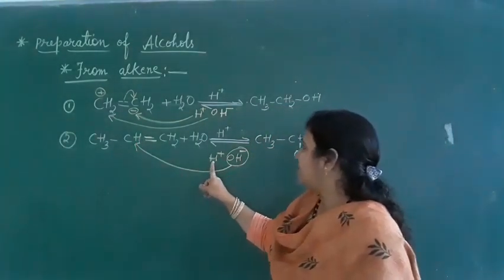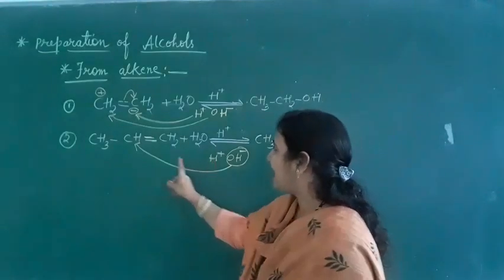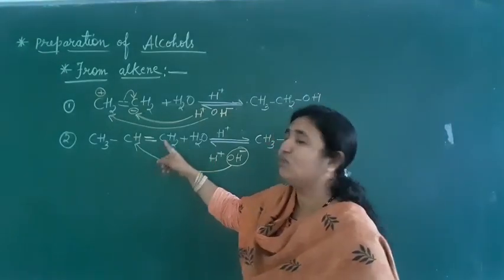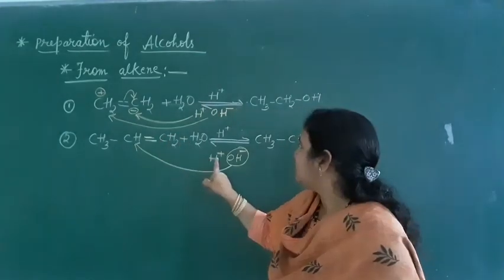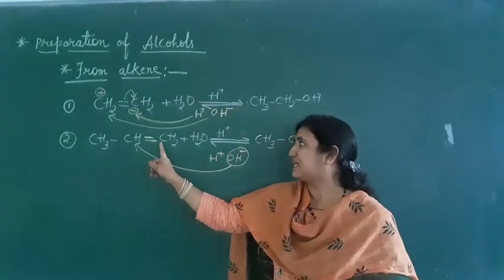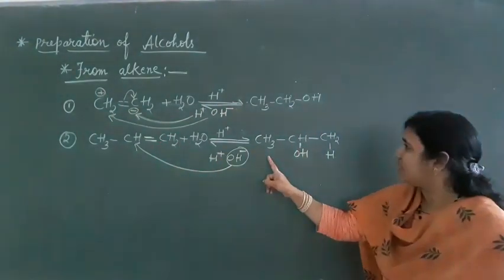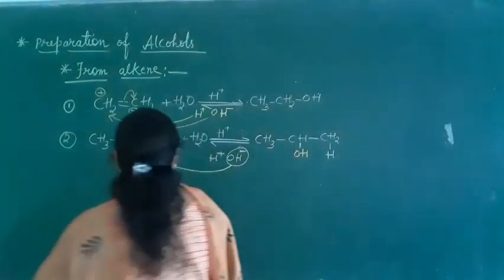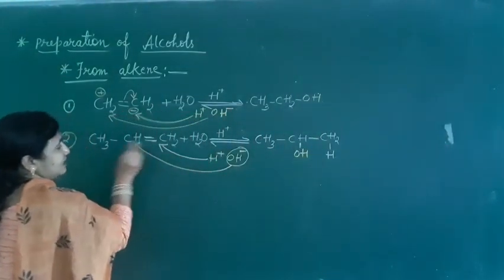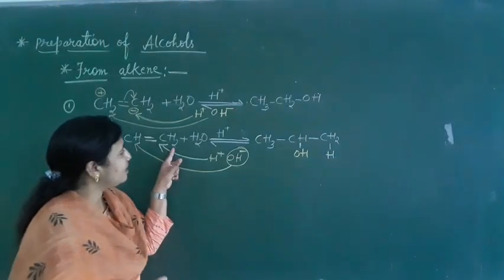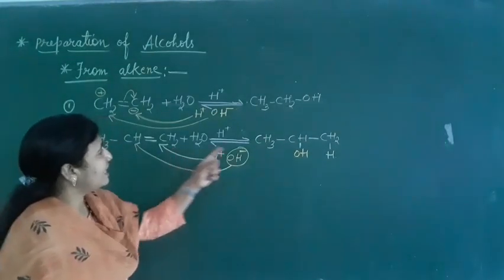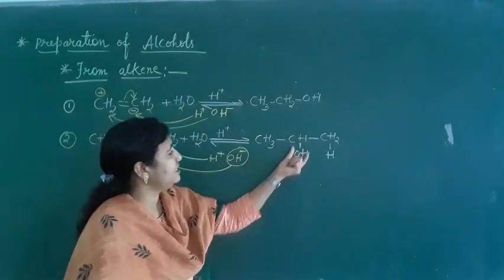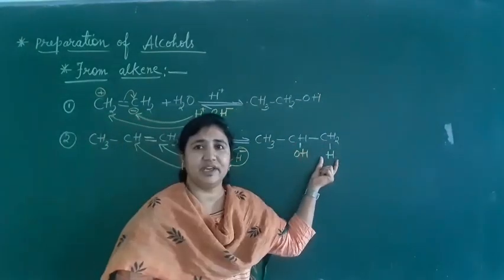And the positive part will go to that carbon of the double bond which has more hydrogen atoms. So this H+ will go to this carbon, which has more hydrogen atoms. So we get the product CH3CHOH and H here.